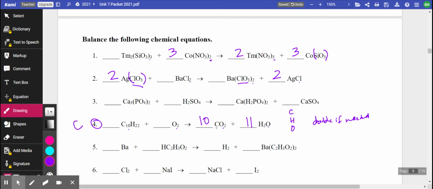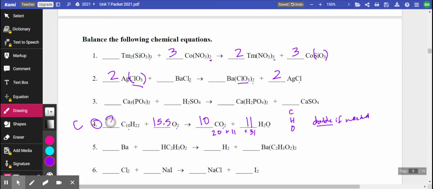So don't be afraid of the big numbers, just let the process work itself out. So I've got 20 oxygens here, plus 11 gives me 31 oxygens. So to get 31 oxygens on the left side, I would need 15 and a half O2s, which is not a real number. You can't have a half of an O2. So now I know that I need to double because I am ending up with a half of one.